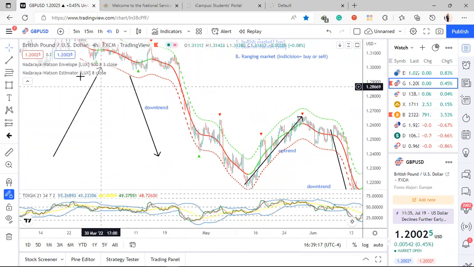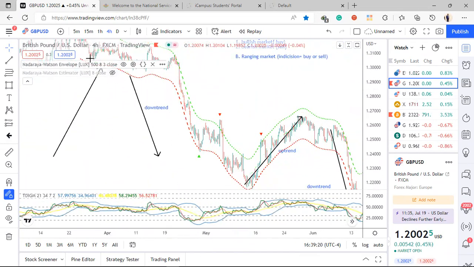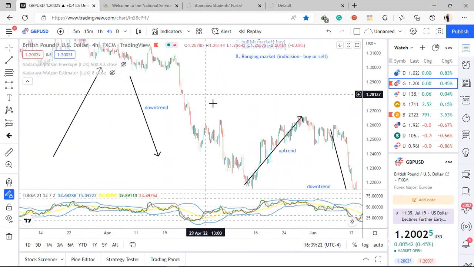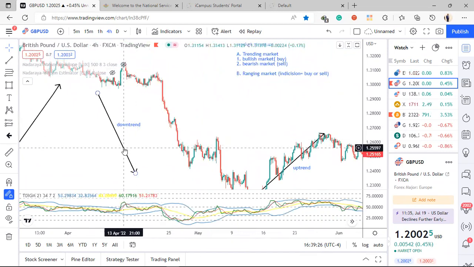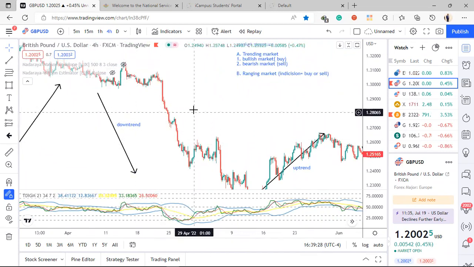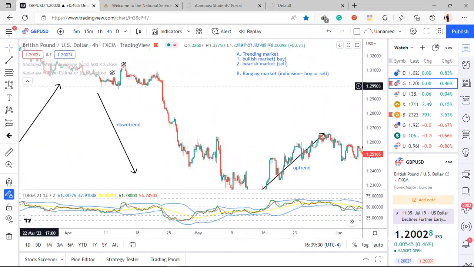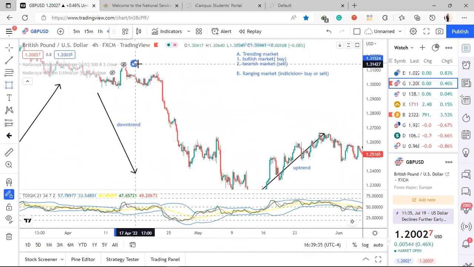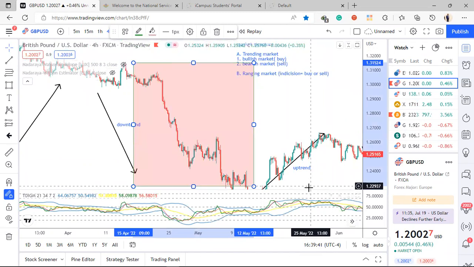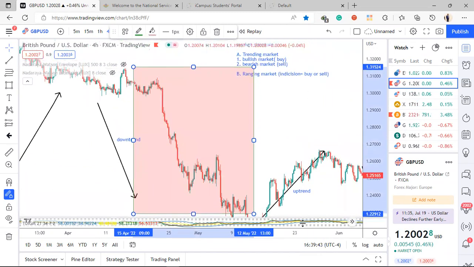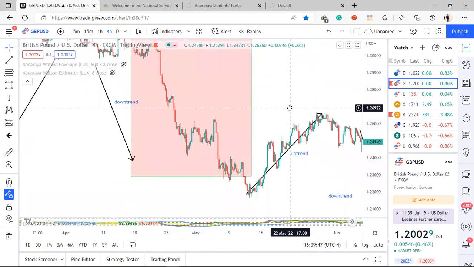And we came to the realization that in a market like this particular section, from here all the way to here, this is a downtrend. This market is in a downtrend.